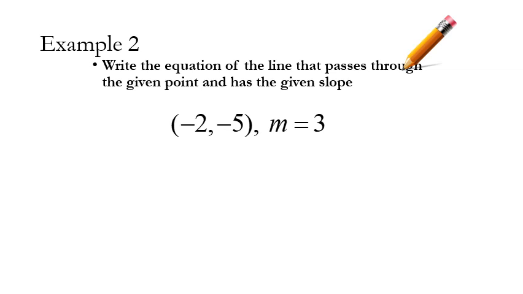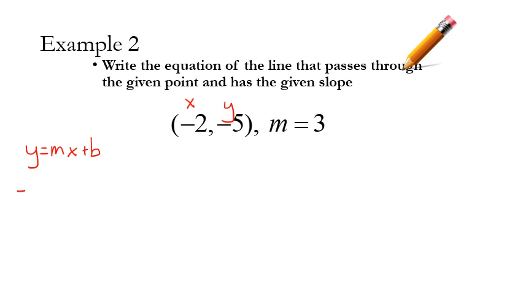Example 2, write the equation of a line that passes through the given point and has the given slope. Remember, ordered pairs are x and y. I have a slope, I need the y-intercept. Again, slope-intercept form will get us started. Let's fill in the information we know to find the y-intercept. We know it goes through the point -2, -5.